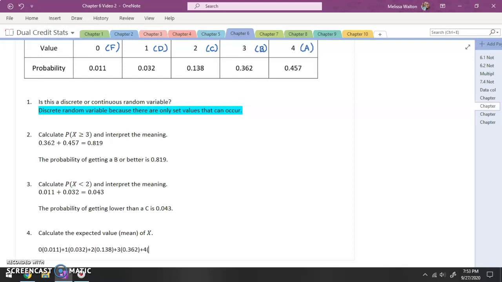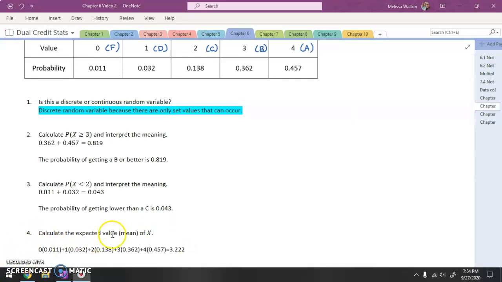And finally, 4 times 0.457. So all we did here is multiply each value by its probability, and finally add all of those results, and we've essentially calculated a weighted mean. I'm going to let you try to type this in for your question, and then we will go over this answer.